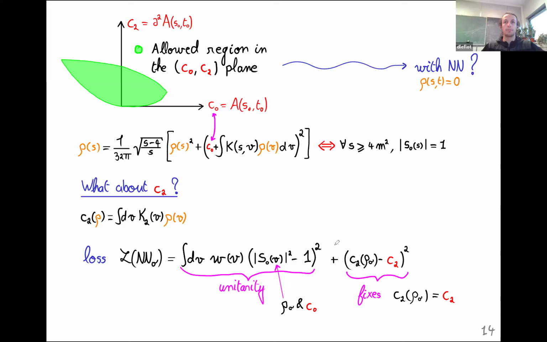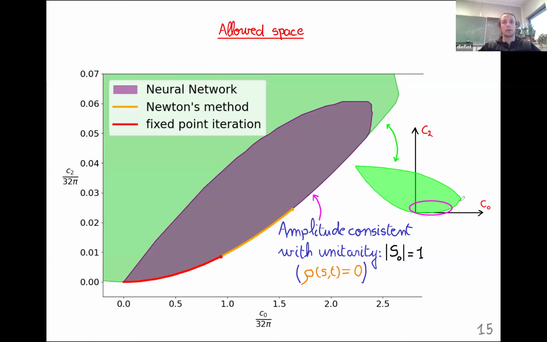Actually we use a weight there so that this is much more relevant at the beginning of the training. And we were able to fix C2 with a precision of 2 or 3 digits, so it was fine the way we fixed C2. Well, I hope I answered both questions.